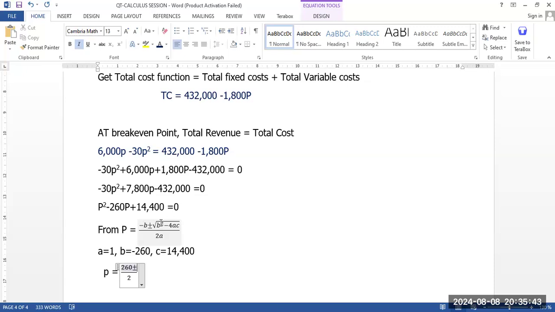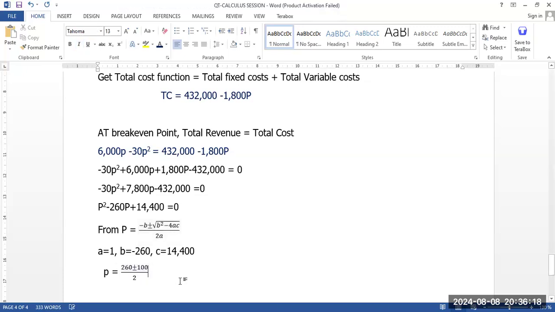If you put negative 260 and then click squared, you may still get a negative figure. Just get 260 squared, minus open bracket 4 times 1 times 14,400. Take the square root.